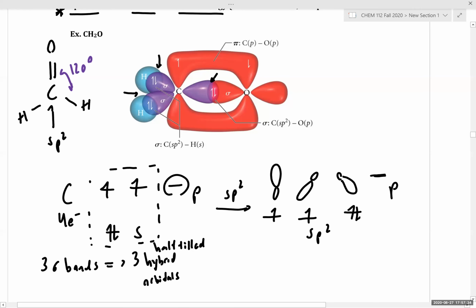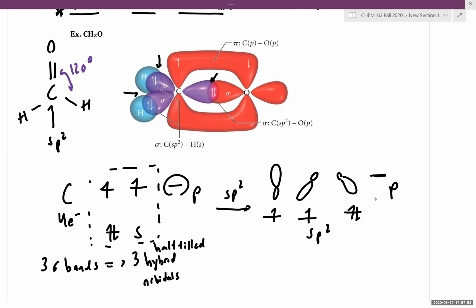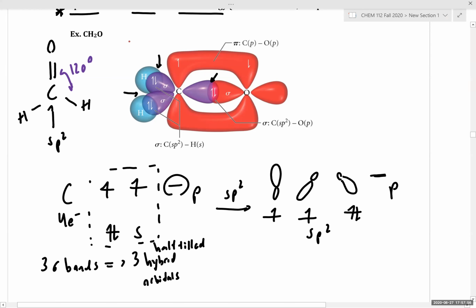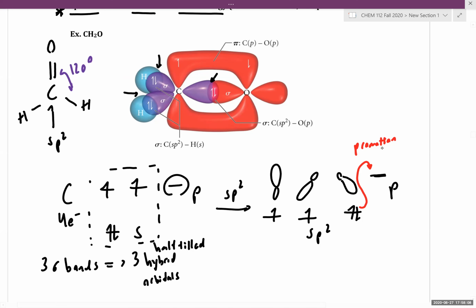Now, if we just filled our hybrid orbitals with these 4 electrons, how many bonds can we form? Looking at this picture, we can only form 2 bonds, right? So to maximize bonding, we promote, this is known as promotion, one of our low energy electrons into our higher energy p orbital.